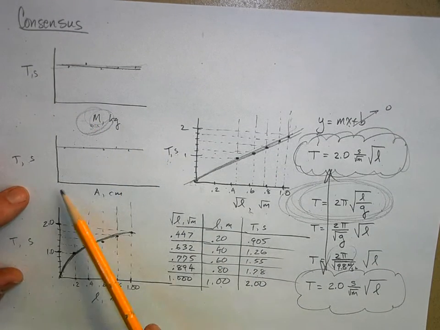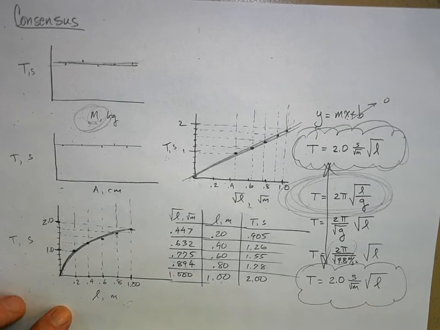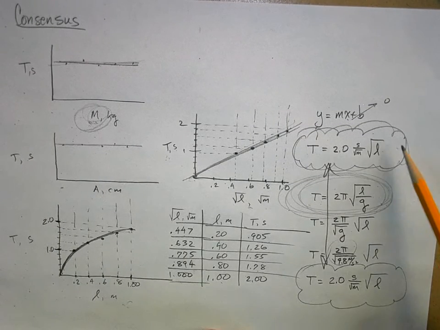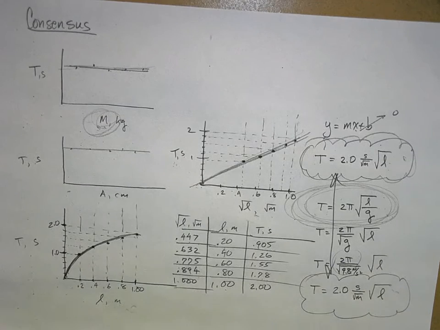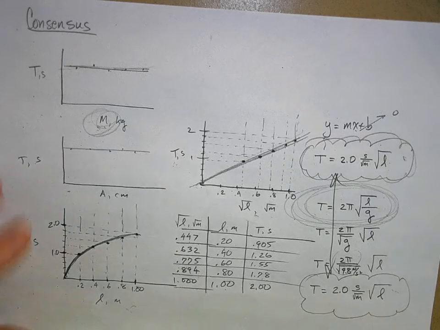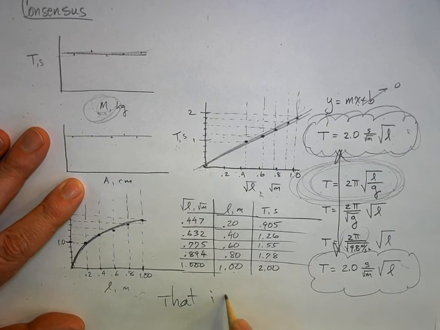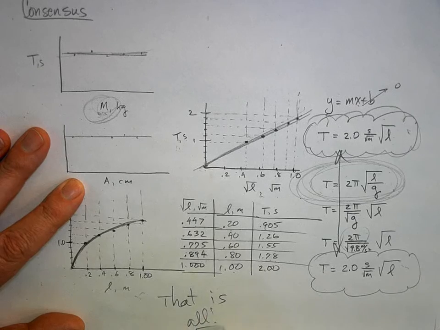And this period does not depend on amplitude. But it does depend on the length. Here's the relationship we found empirically, and here's the relationship that theory gives us. It's the same. That is all.